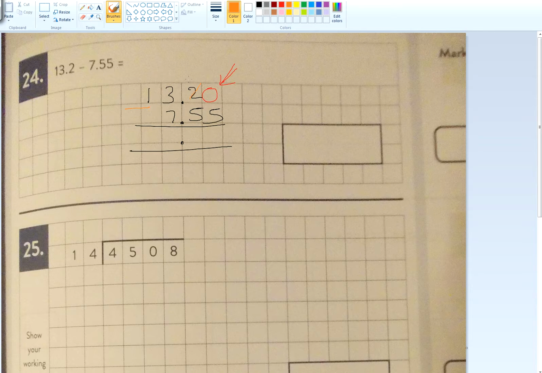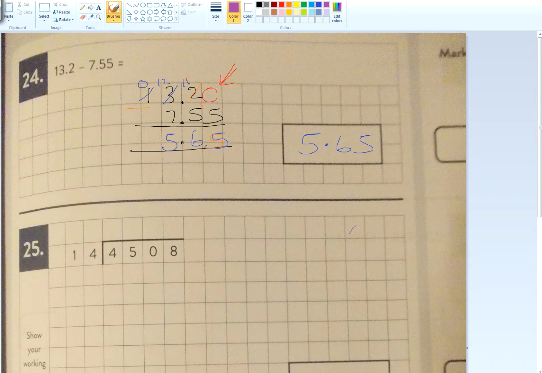So we borrow from the 2, that becomes 1, that becomes 10. That's 5. Now we have 1 take away 5, we can't do, so we borrow from the 3, that becomes 2 and 11, which gives you 6. And 2 take away 7, we can't do it, so we borrow from the 1, so that becomes 12, and that gives you the answer of 5.65. Well done.